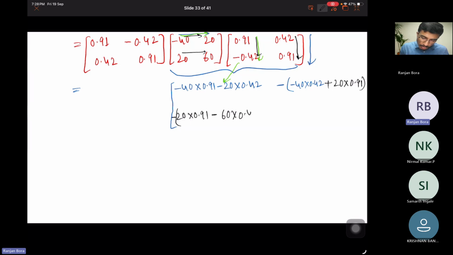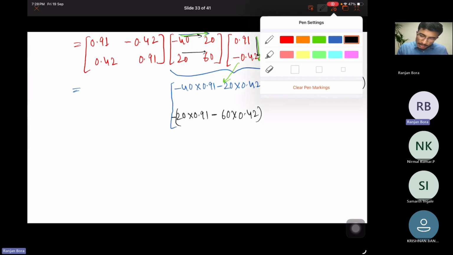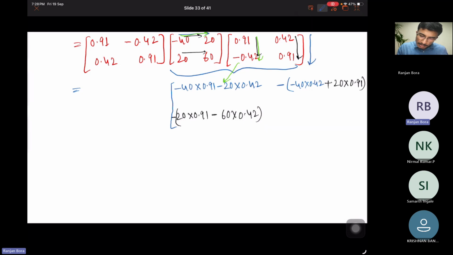And for the fourth element, 20, 0.42, 0.91. This will be 0.91.